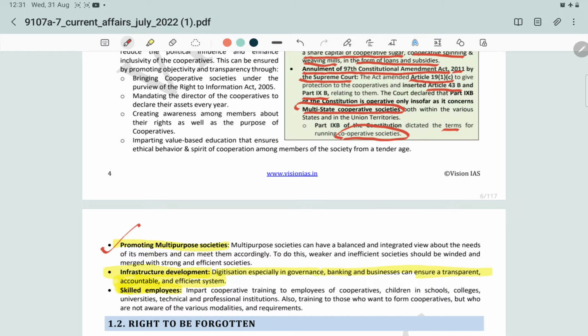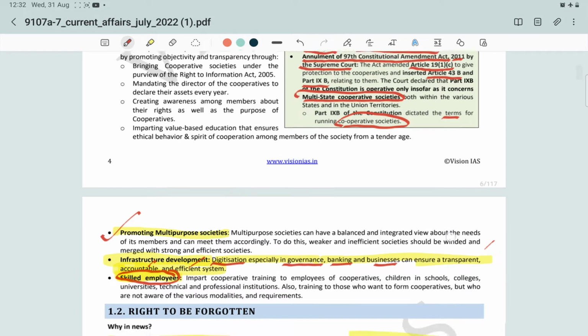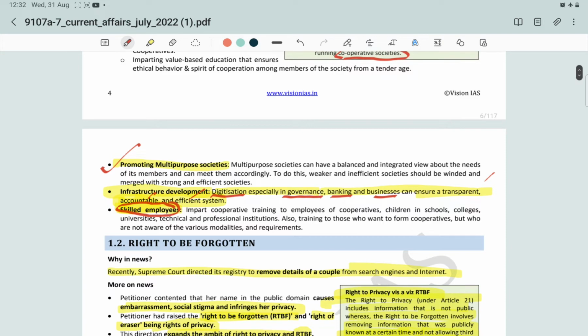Digitization, especially in governance, banking and business, can ensure a transparent, accountable and efficient system. And most important, skilled employees, in order to bring efficiency and professionalism within the societies.